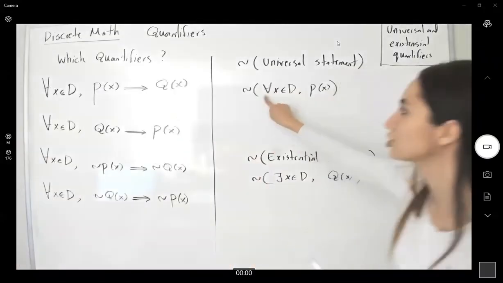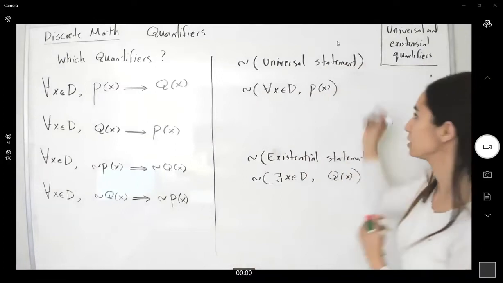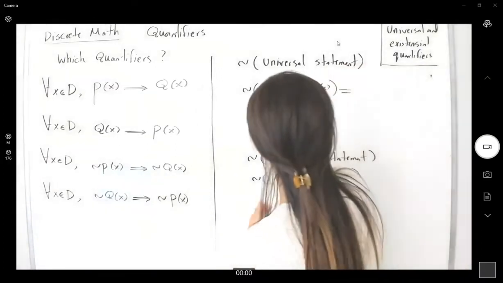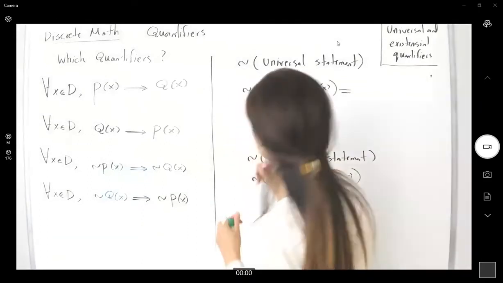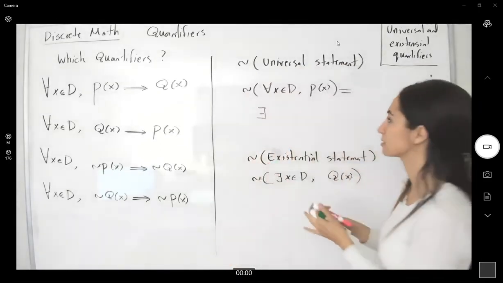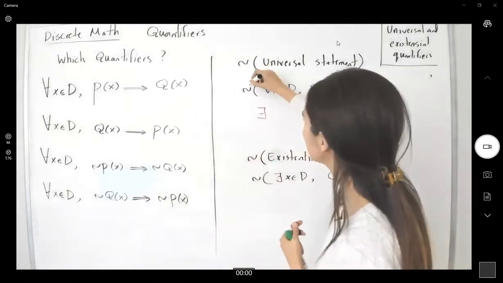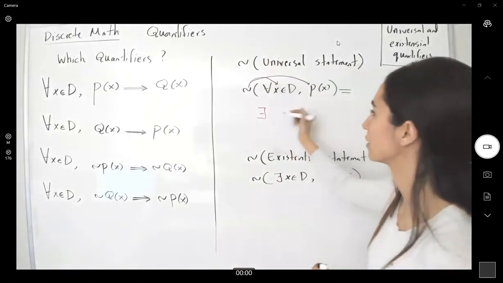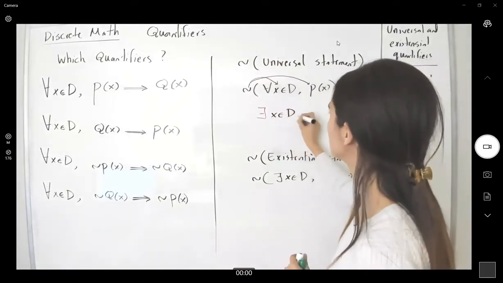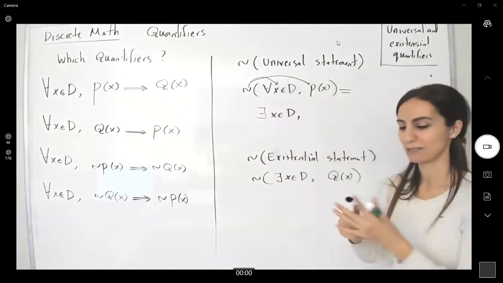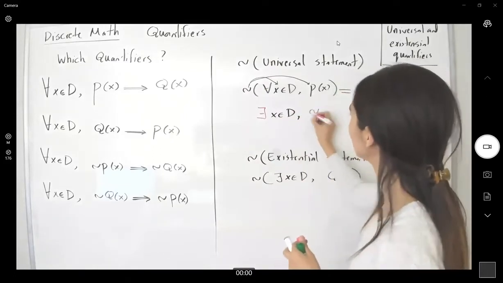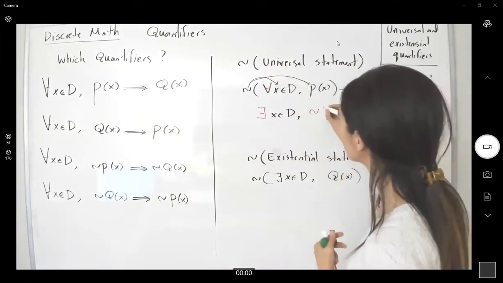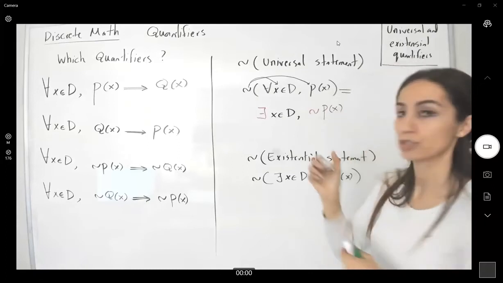Well, the negation of for any is going to be there is x in domain D such that, so somehow you try to distribute negation over parentheses. So there is x in domain D such that not P. So we have to negate the predicate as well. So make sure you are negating two things.